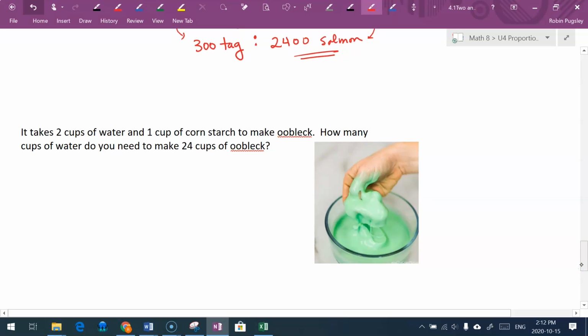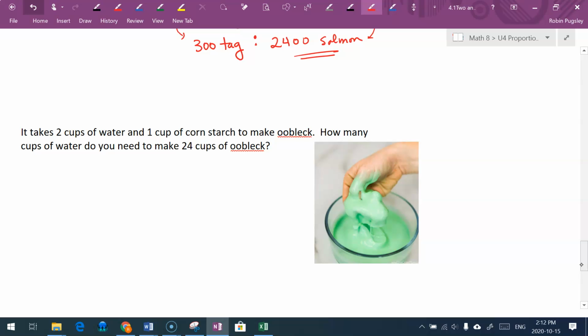Some of us might have made oobleck before, maybe in elementary school, where you mix your cornstarch with your water. When you make it in a certain proportion, following the recipe, if you hit the oobleck really hard, it's in a solid state.